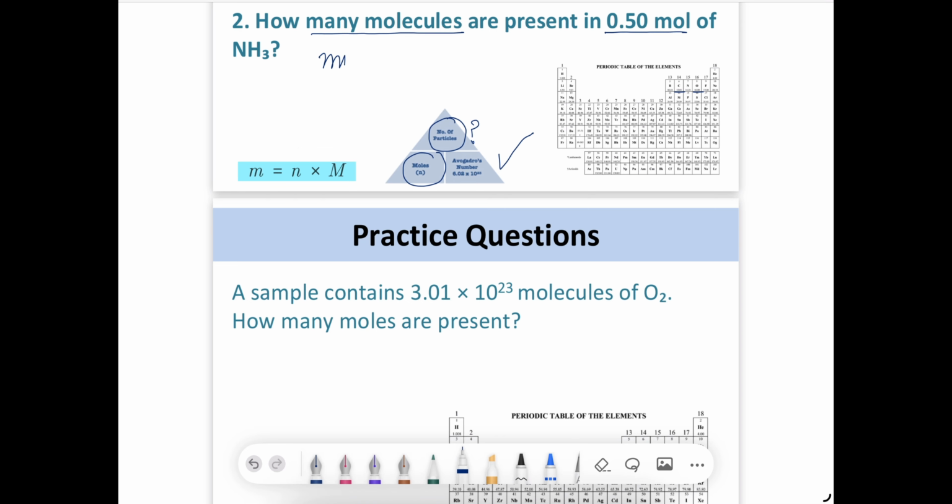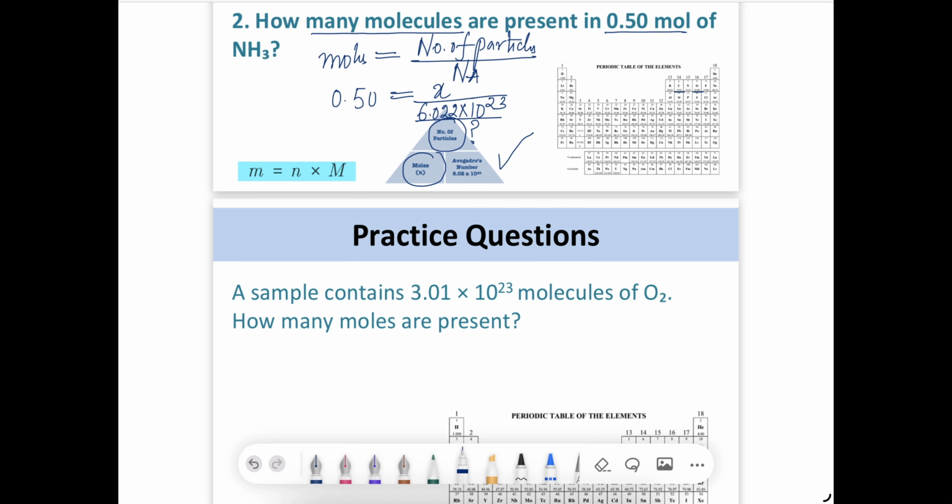Number of moles is equal to number of particles over Avogadro's number. Correctly plug in the value. 0.50 is equal to the number of particles, which we don't know, which is molecules, and Avogadro's number is 6.022 into 10 raised to the power 23. I would suggest you see the formula sheet, what is the value of Avogadro's number given to you, and use the same.